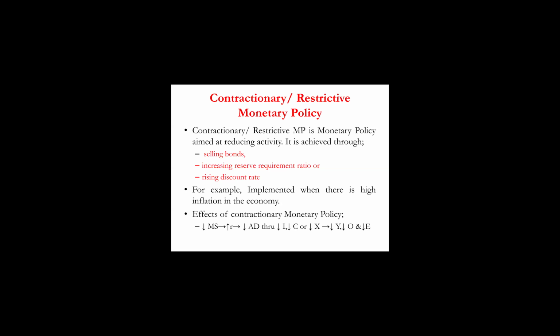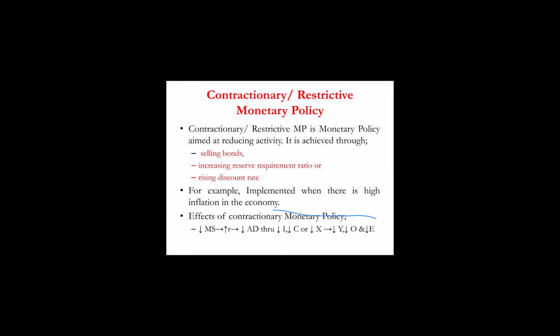So basically, have you seen that just controlling the supply of money affects so many variables? It affects employment, it affects output, it affects income, it affects exports, it affects consumption, it affects investments, it affects aggregate demand, it also affects interest rates.